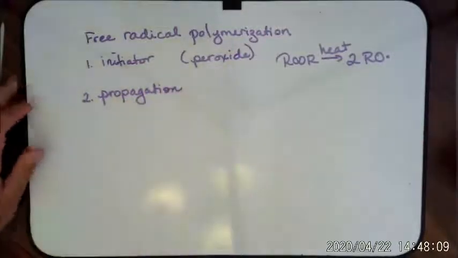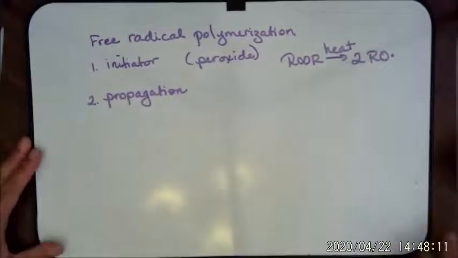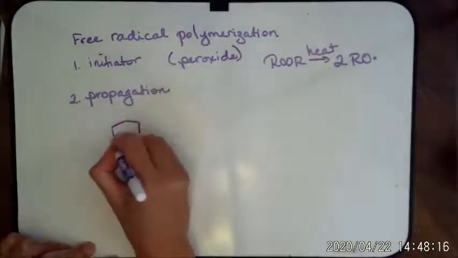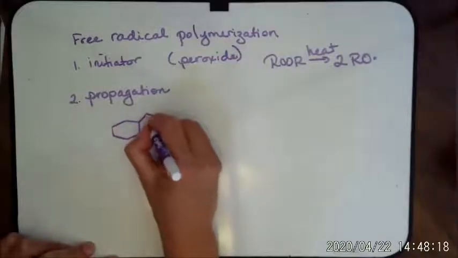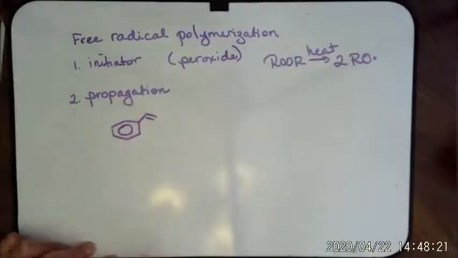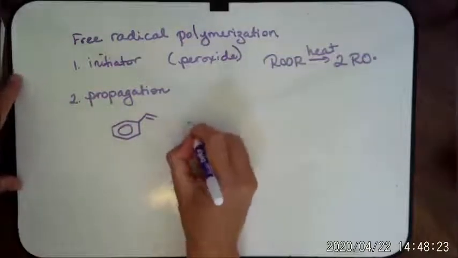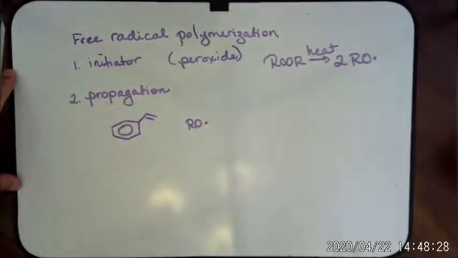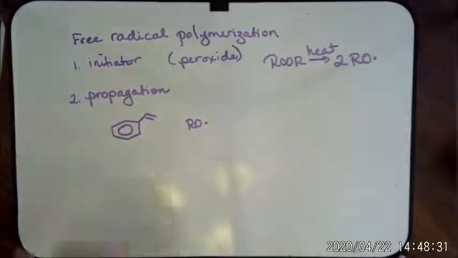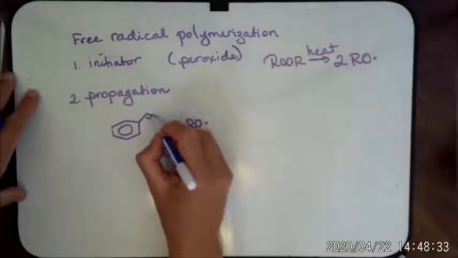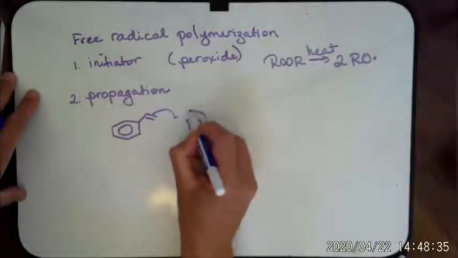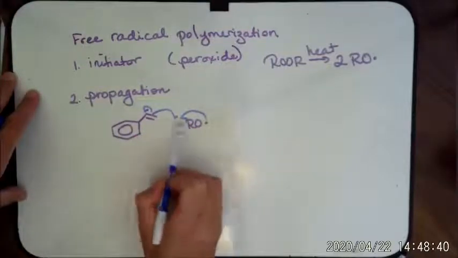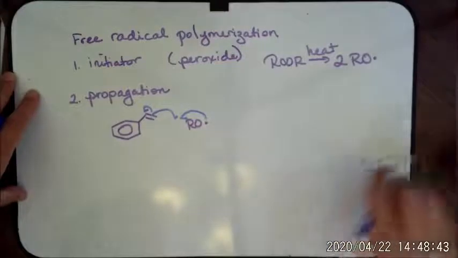Okay, so now the second one, we're going to be focusing again on propagation, which you guys probably know inside and out by now. And with propagation, let's take a look at what happens. So if I take something like styrene, and I have a free radical, what's going to happen here is one of my electrons forms a bond with my initiator, and then I get a radical there.